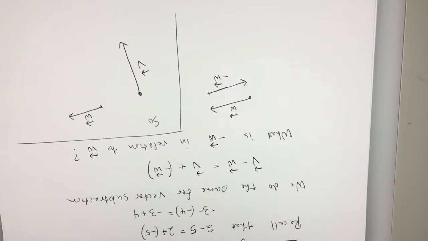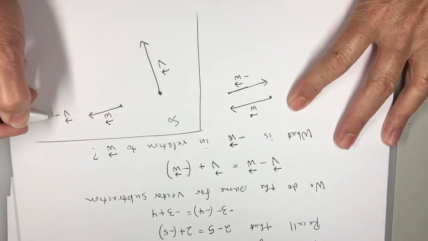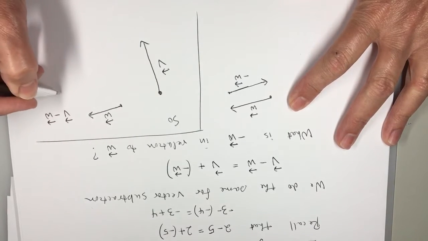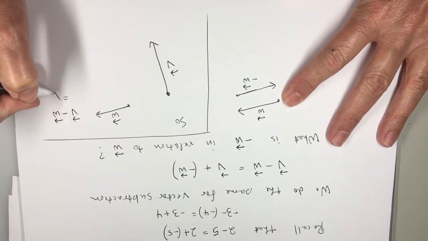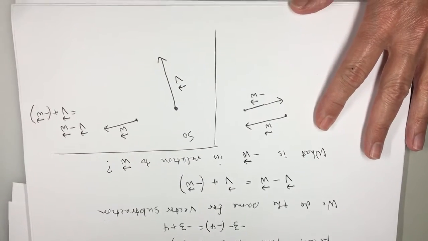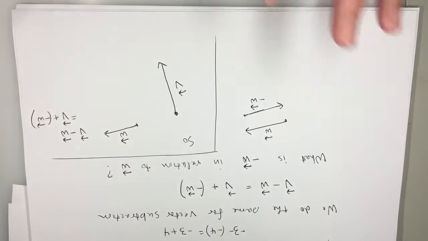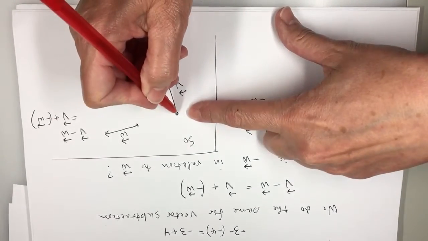So here's V and W, and V minus W will be V plus negative W. So I'll just take W, I'm going to draw it here.